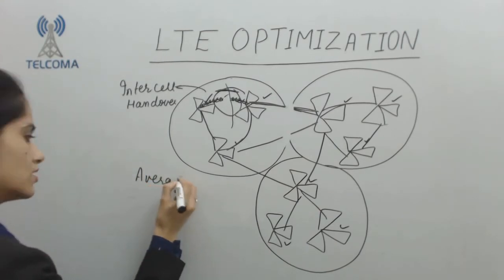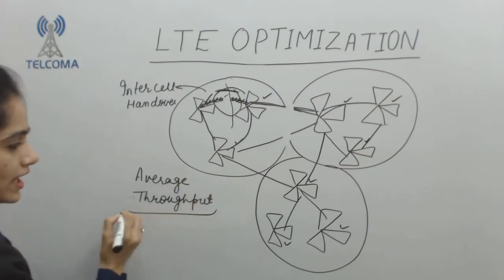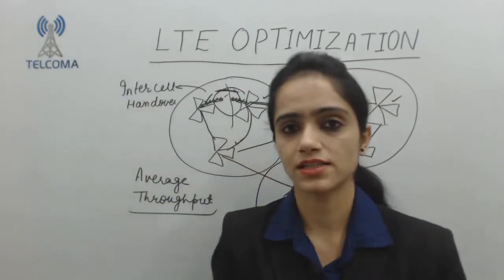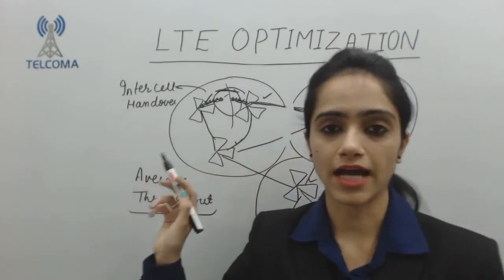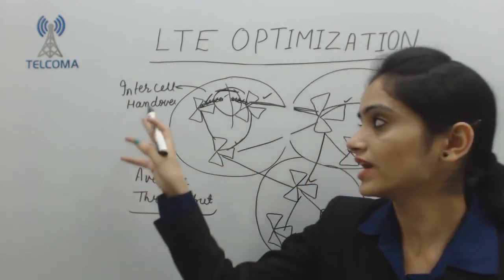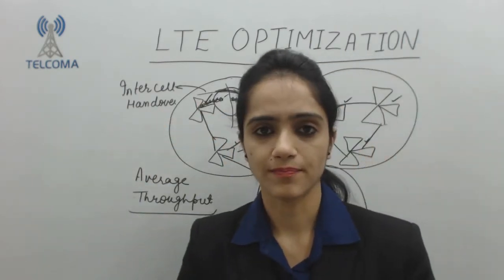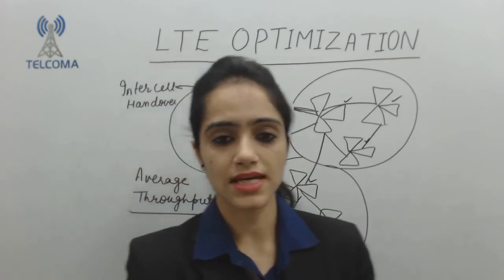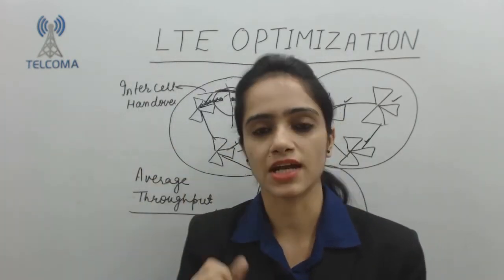average throughput. Now, why is average throughput calculated? Because now we are moving, in the case of high mobility. We are moving. What data am I receiving? Because if a person is close to the site and sitting idle and accessing the internet, then obviously all the data will be transferred.